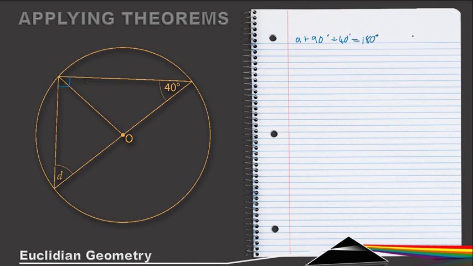And our first reason would be angles of a triangle, and also angle in semicircle, diameter subtends 90. And then solving for D, we have D is equal to 180 degrees minus 90 degrees minus 40. So 90 minus 40, D is then 50 degrees.